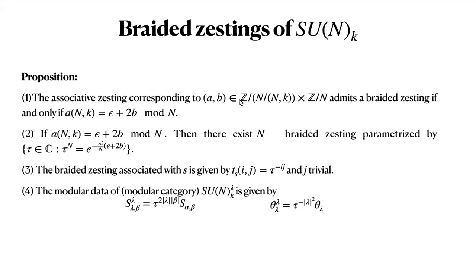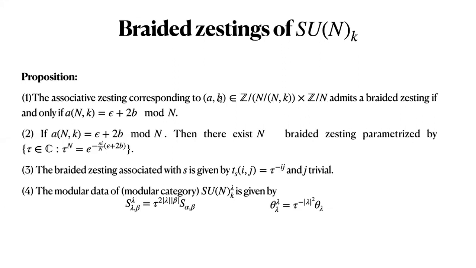Remember that the associative structures are parameterized by pairs a and b, where one is an integer modulo n divided by the GCD of nk and n.